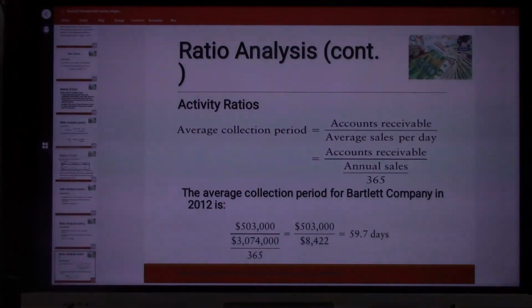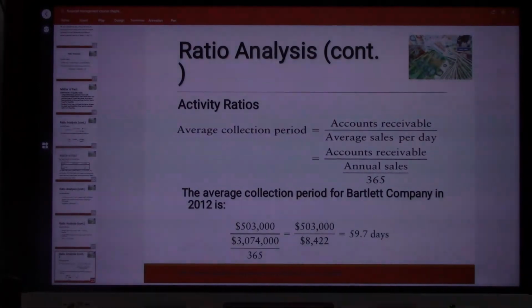Another sub-ratio related to the activity ratio is called average collection period. Average collection period is equal to accounts receivable divided by average sales per day.